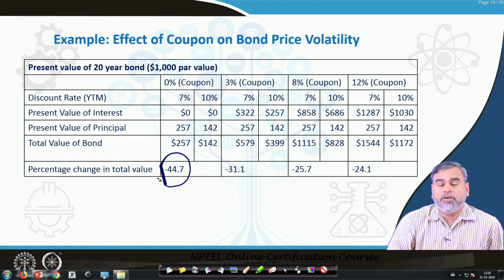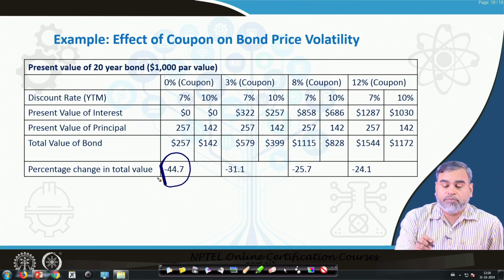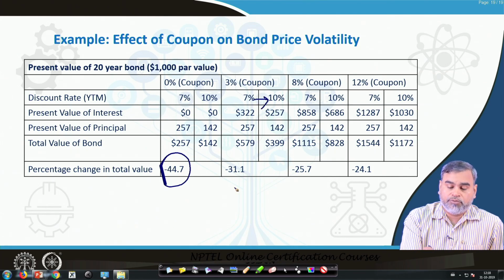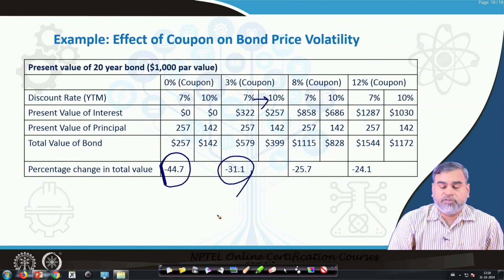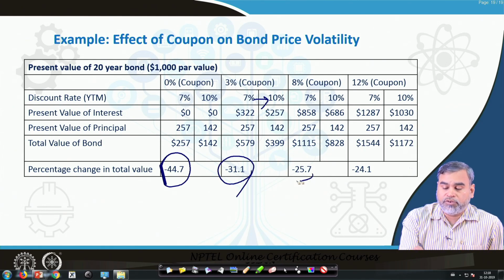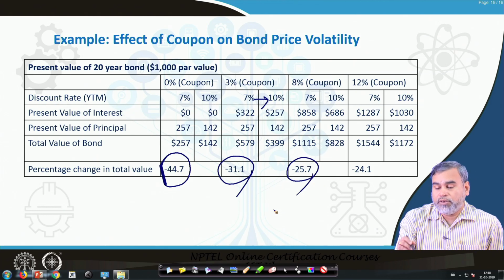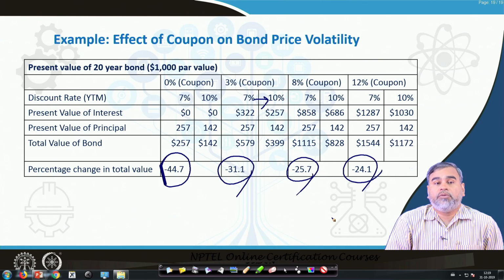But whenever the coupon was 3%, when the interest rate changed from 7% to 10%, the value changed by 31.1%. With an 8% coupon, it is 25.7%, and with a 12% coupon rate, the value changed by 24.1%.